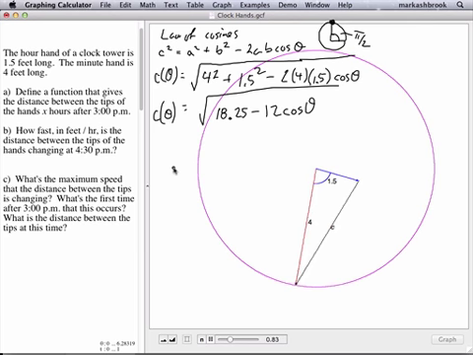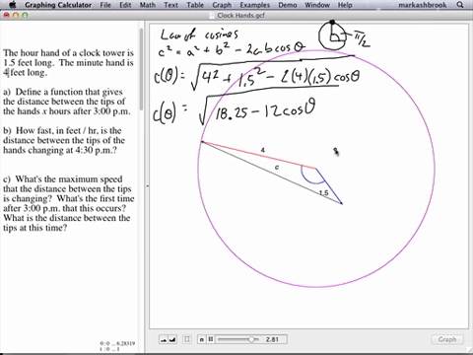Now the question is, what does part A ask for? Did we achieve what A is asking for? Do we have an input, do we have a value for theta? Why not?